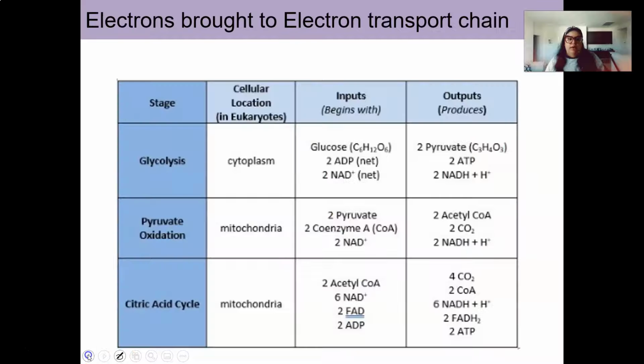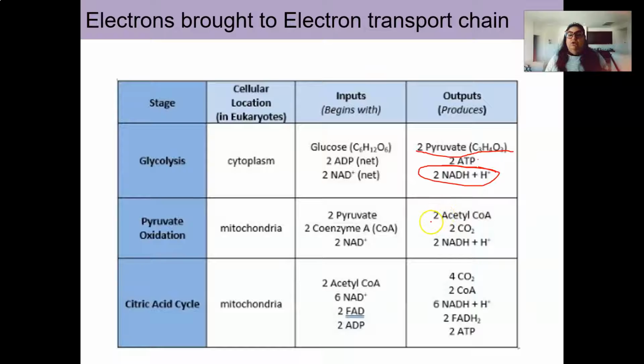So this slide shows us what we came out with from all of the reactions. In glycolysis, we came out with some pyruvate, our 3-carbon molecule, a little bit of ATP, and some electron carriers.